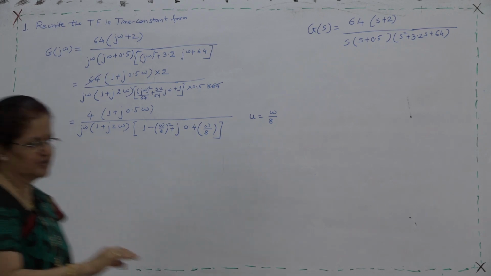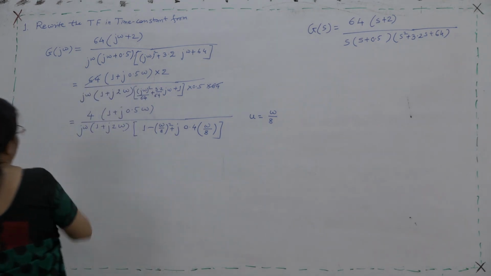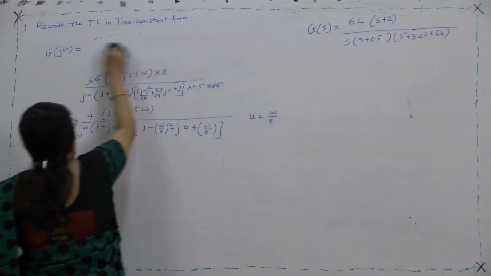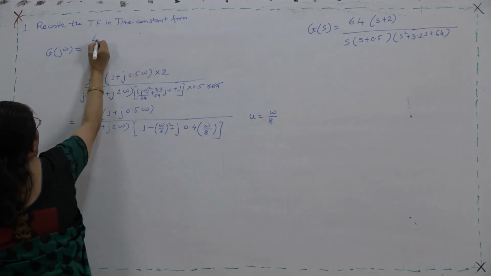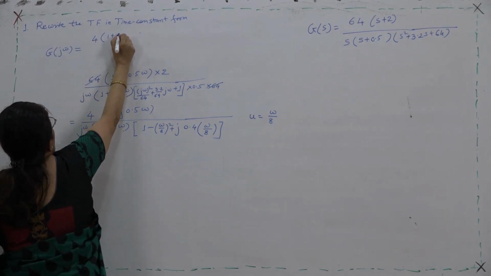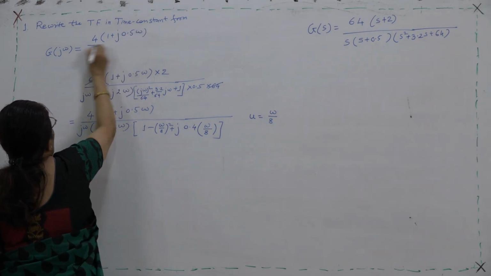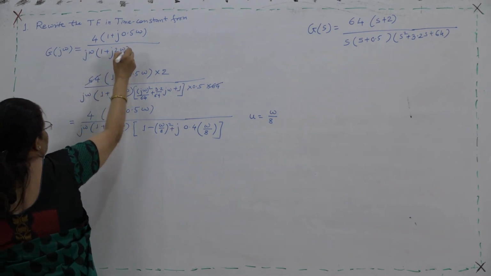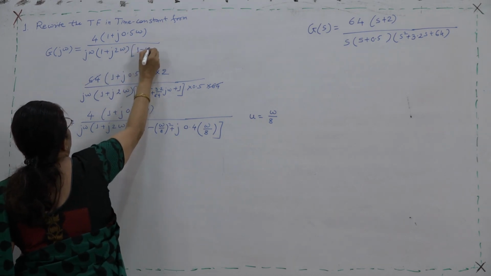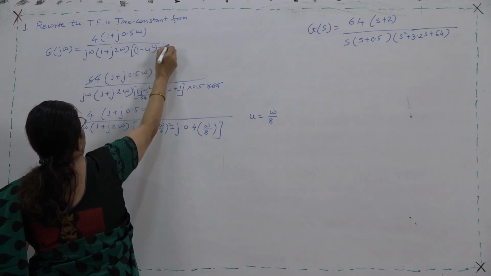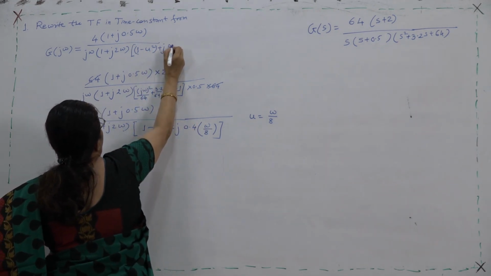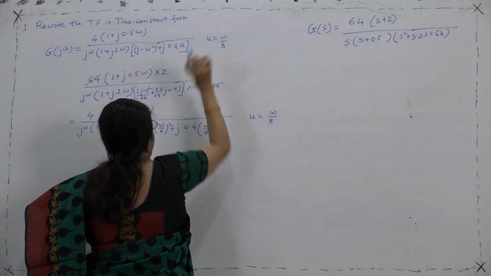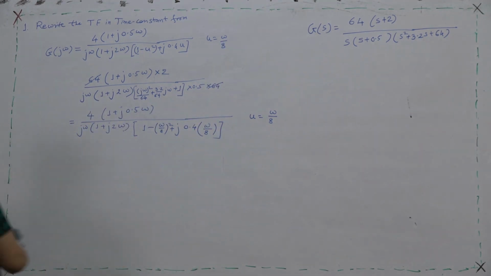So, the transfer function which you will get, I will rub all these things and directly write here that in the time constant form the function is 4 into 1 plus j 0.5 omega upon j omega into bracket 1 plus j 2 omega into 1 minus u square plus j 0.4 u, where u is equal to omega by 8. Okay.